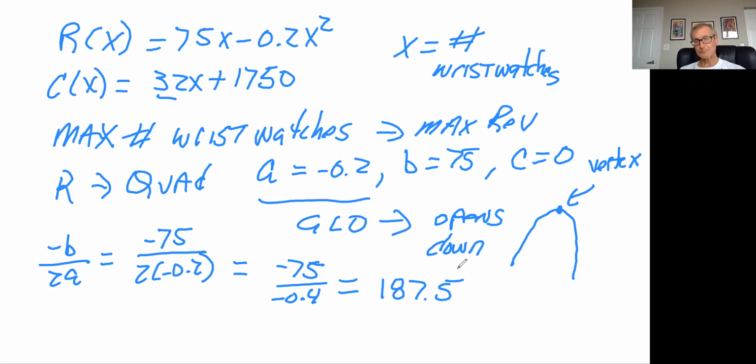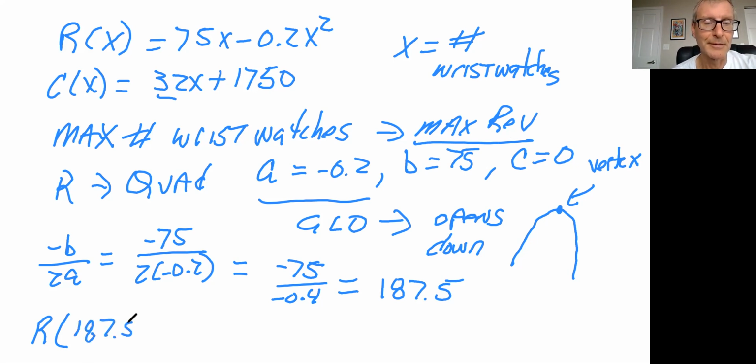So for the math part, I'm going to leave it at 187.5, knowing physically you can't have half a wristwatch. Because the reason why I do that is I want to find the y value of the vertex, which would give us the maximum revenue in dollars, right? So if you plug in 187.5, and you do this calculation, you just have to plug it in.